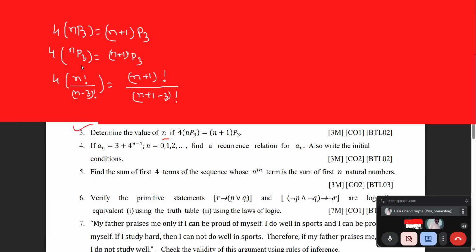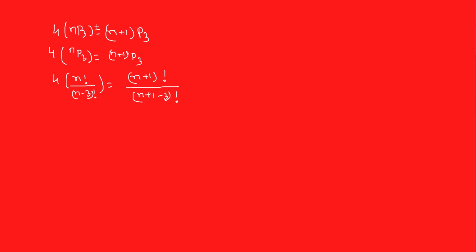Okay, now solve this. This is mathematical part only. See, this is n factorial, and this is n minus 3 factorial. So n factorial can be written as n, n minus 1, n minus 2, n minus 3 factorial, right?